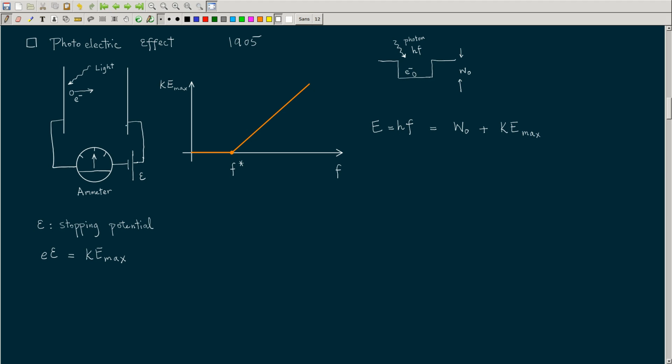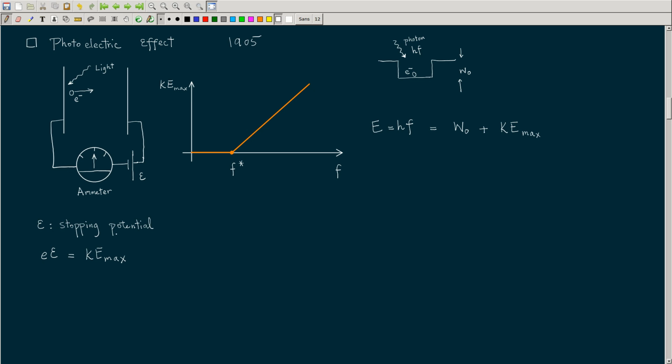You see some current when there's no voltage, then you increase the voltage, and at some point the electrons cannot make it to the next plate. That's the point where the maximum kinetic energy is equal to e times E, with e being the charge of the electron and E the EMF of the battery.